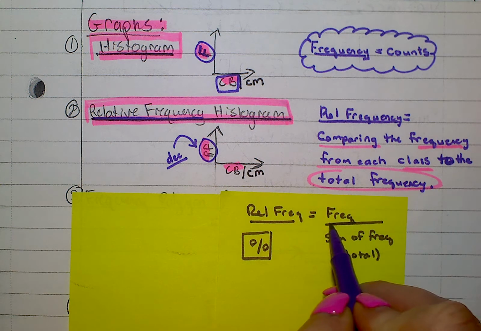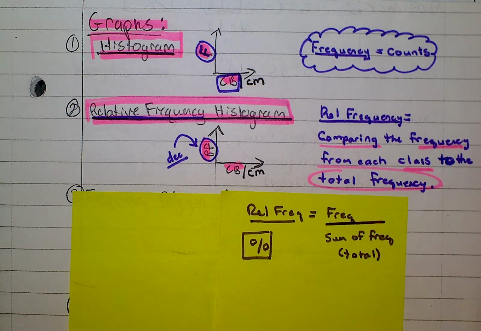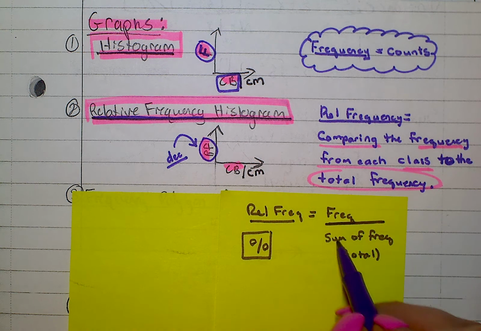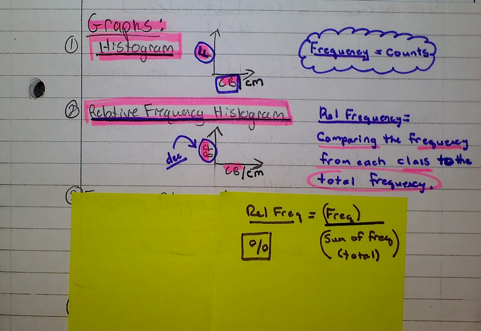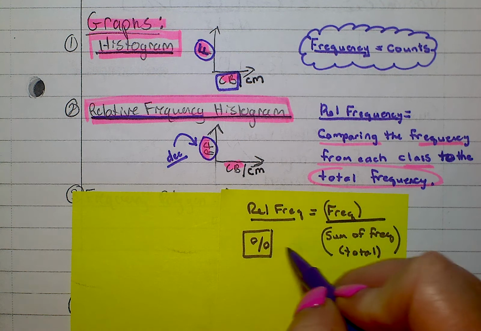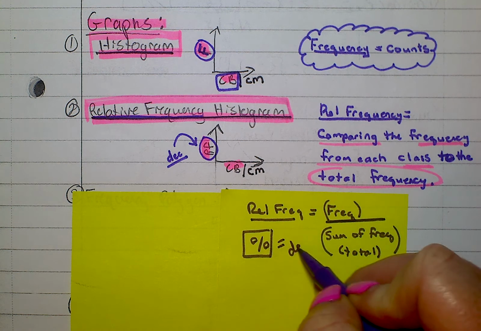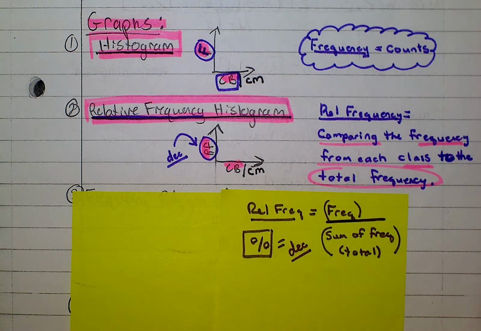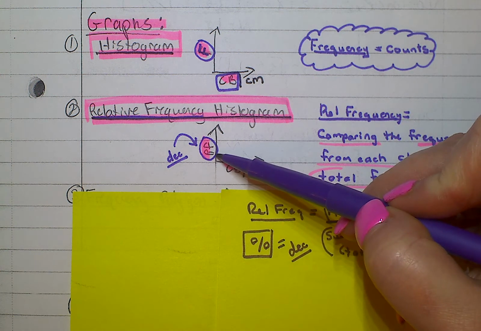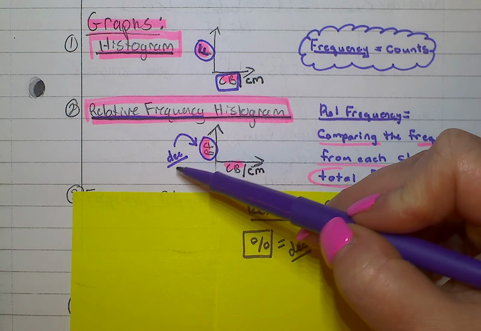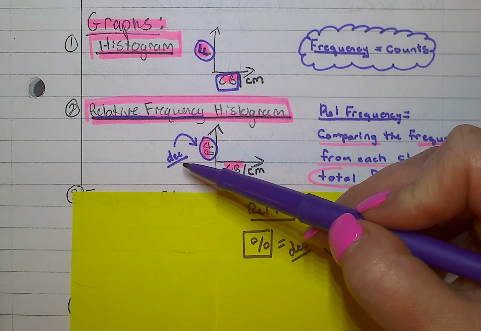So the formula, you take the frequency and you divide by the total frequencies. Now with this, it gives you a percentage, and you need to leave that percentage as a decimal, okay? When you are putting that relative frequency on your graph, you need to label that with decimals.